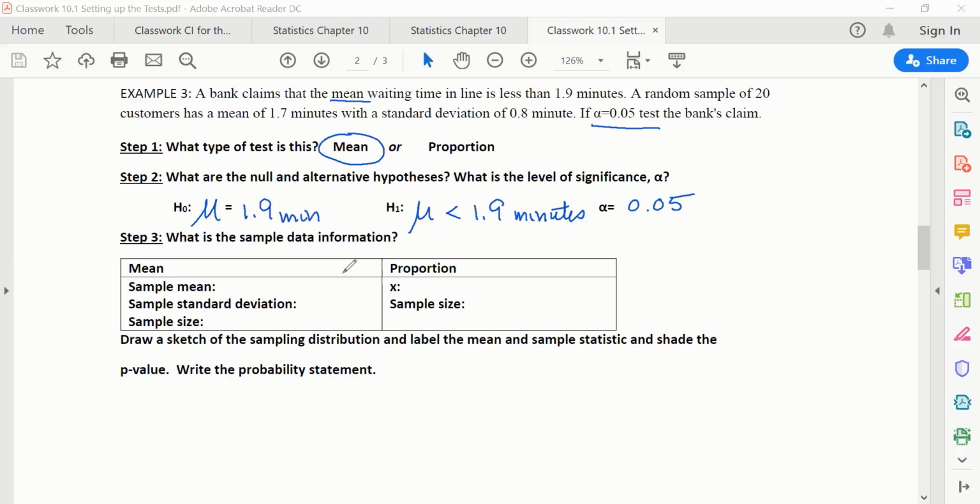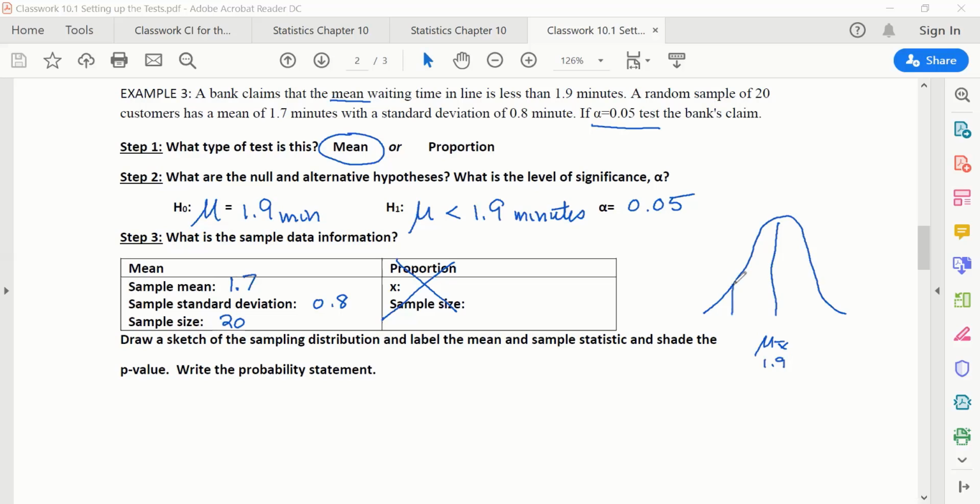Our sample data is for the mean. Sample mean was 1.7. Sample standard deviation 0.8. Sample size 20. So again, our distribution. Here's our mu sub x bar, and that's equal to 1.9.